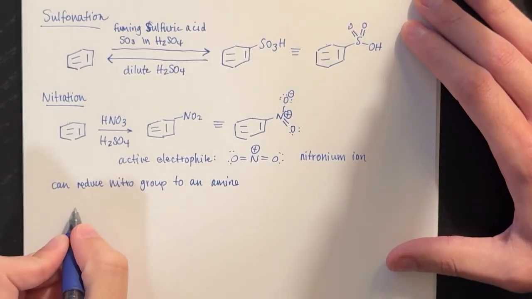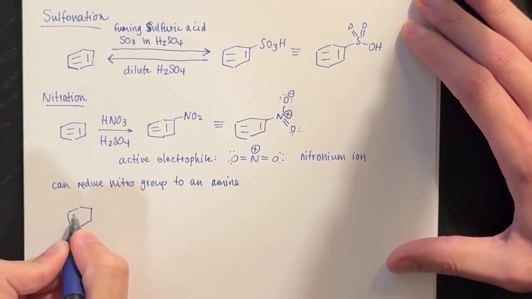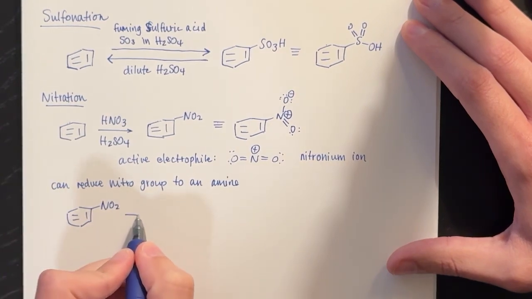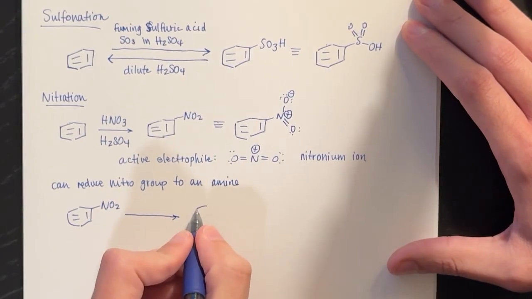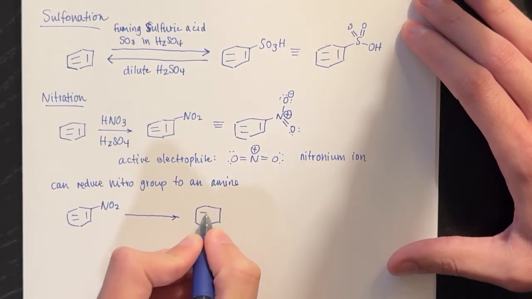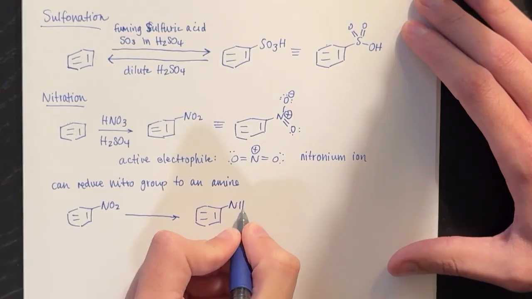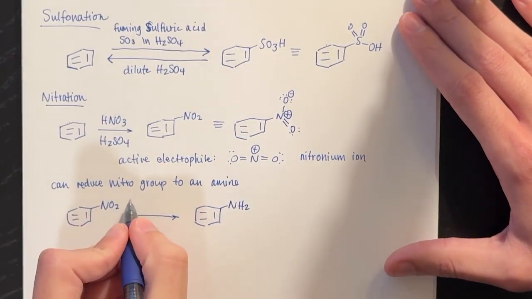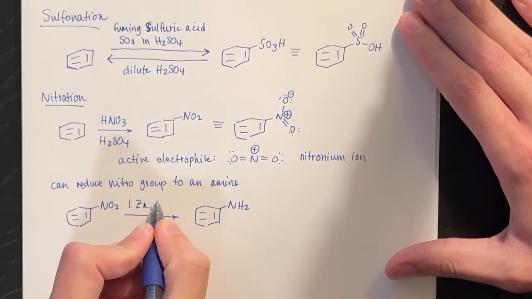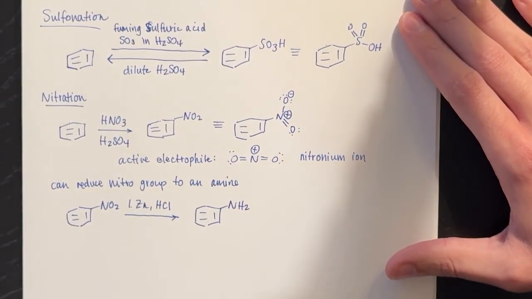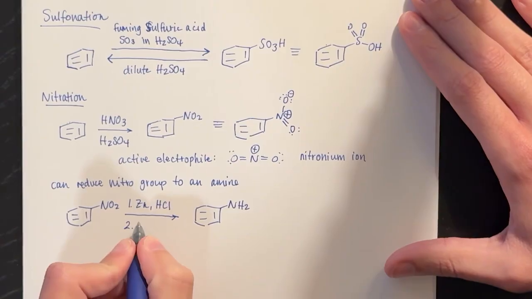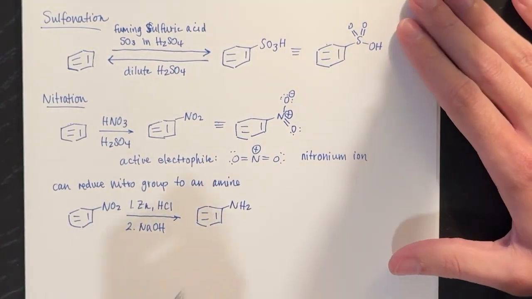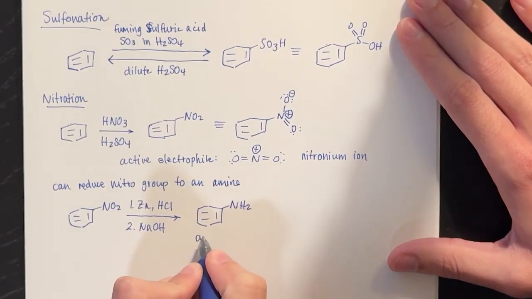So we go from NO2 to NH2. The reagents that we need for that are zinc and hydrochloric acid, and then in a second step, sodium hydroxide. So this molecule is aniline.